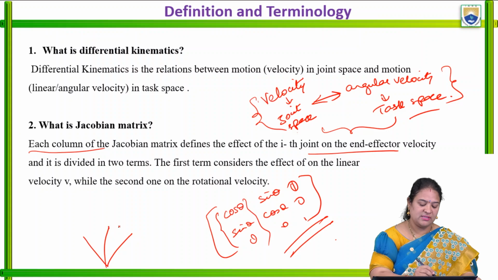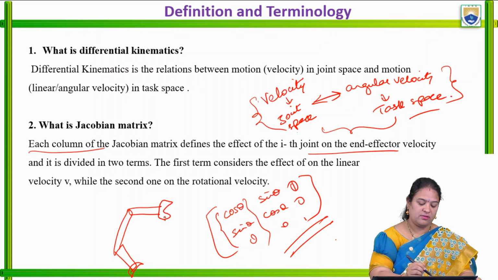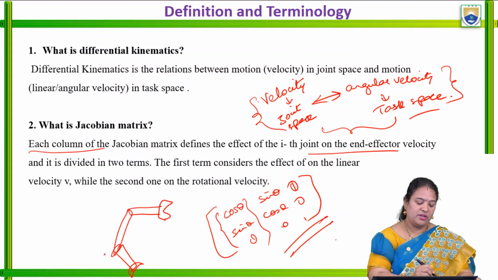For example, we have taken this as the base, and this is the robotic end effector. Here this is joint 1 and this is joint 2. This is link 1, link 2 and link 3.